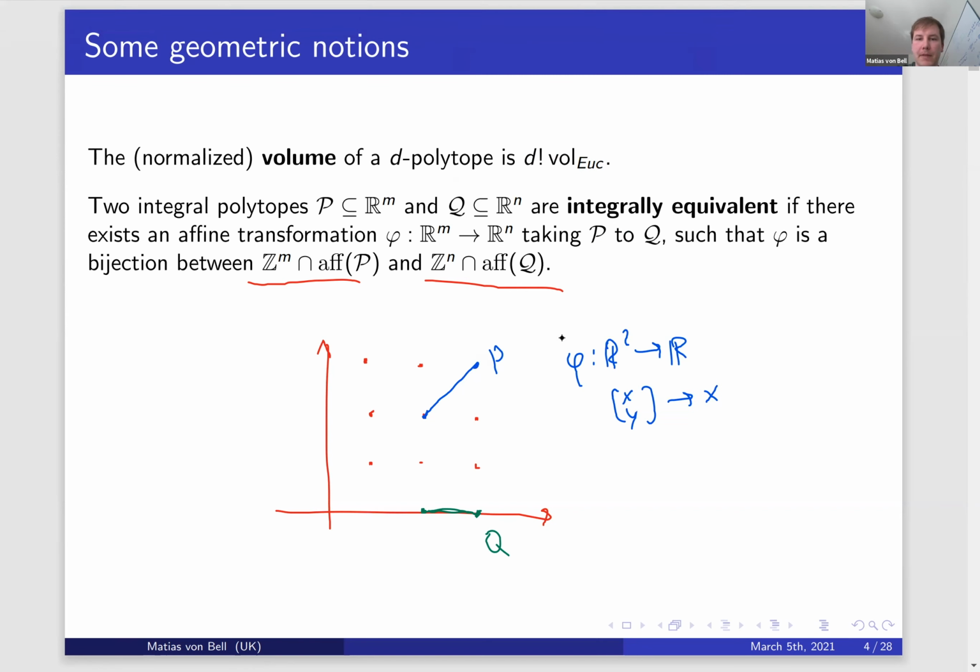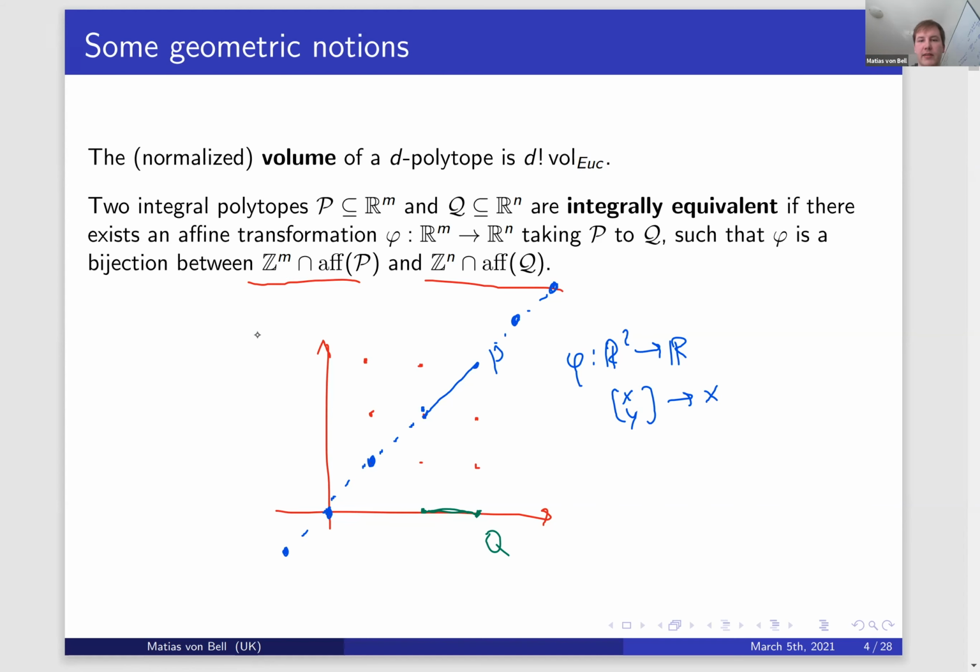And let's look at the affine span of this polytope P. That's going to give us the line y equals x, and its intersection with lattice points will be these sets of lattice points along that line.